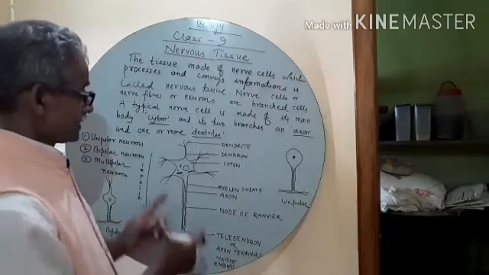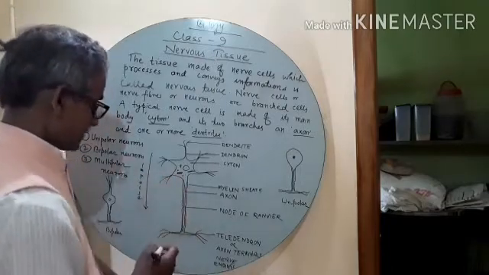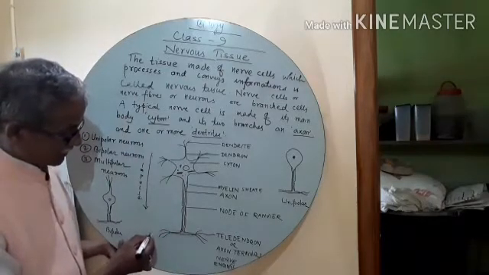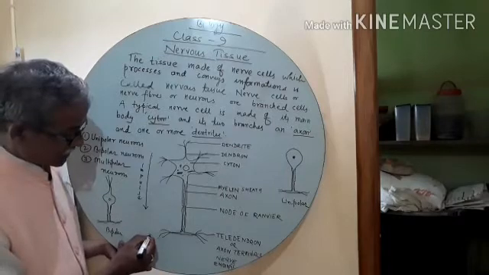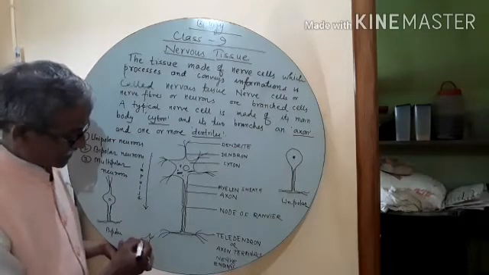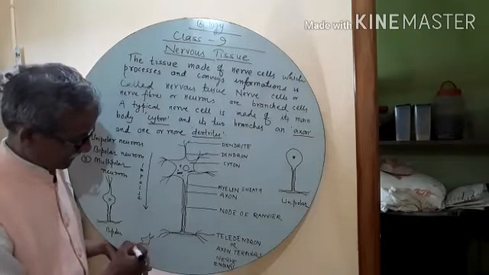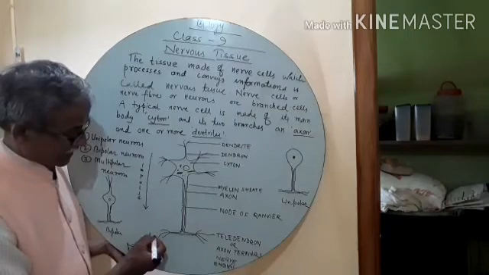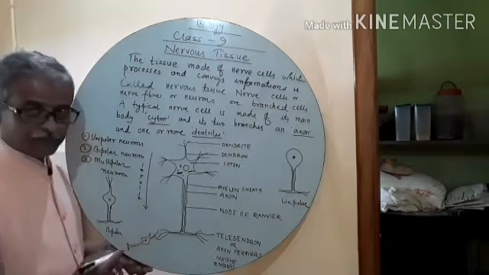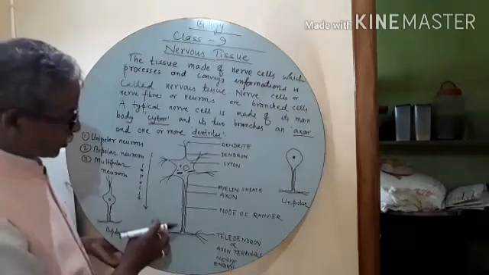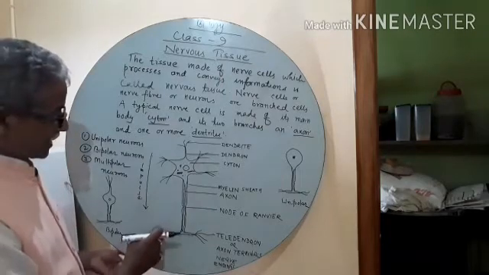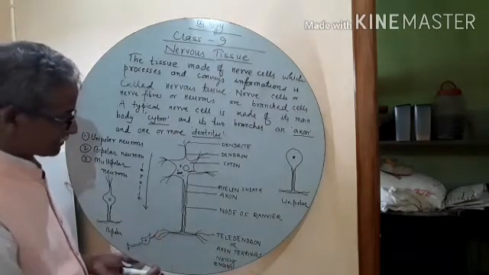When the information has to go to another nerve cell, the other nerve cell is in close connection to the axon terminals.